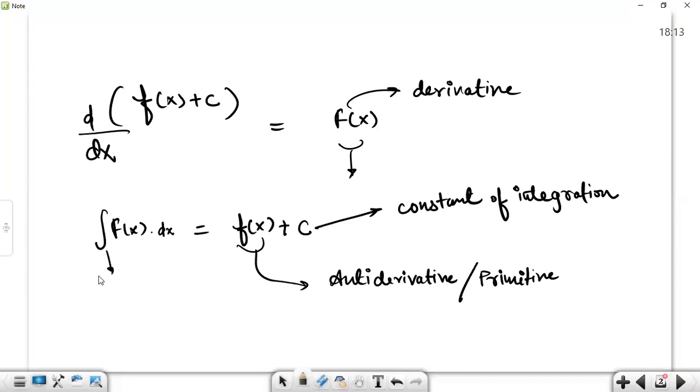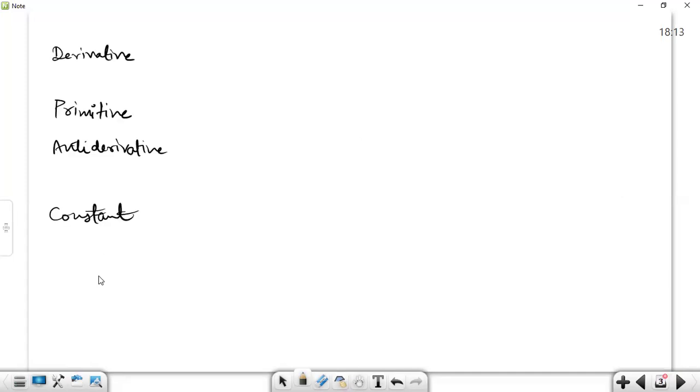This operator is known as the integral sign. We have discussed these terms.